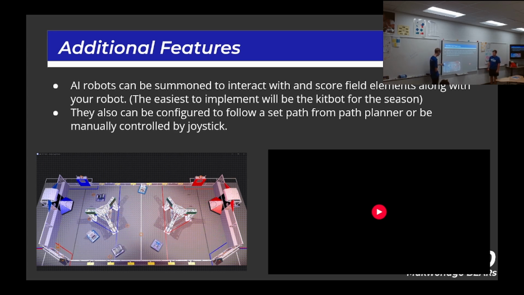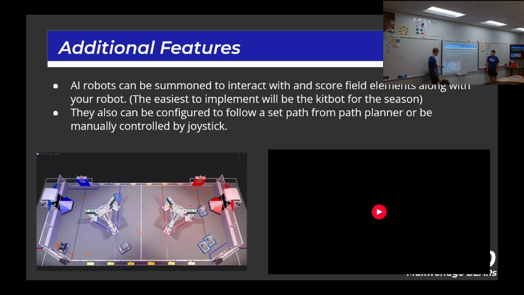Not mini, they're the same size as regular, but they're other robots just driving around with yours, and you can see how they actually interact with your robot on the field, and you can see them performing like they would in an actual FRC match, as they're intaking things from stations and scoring things in.